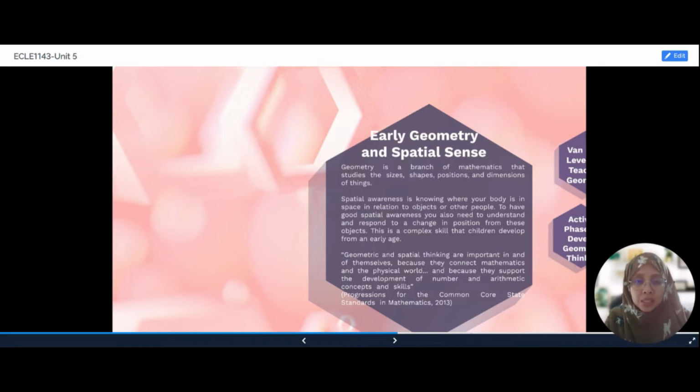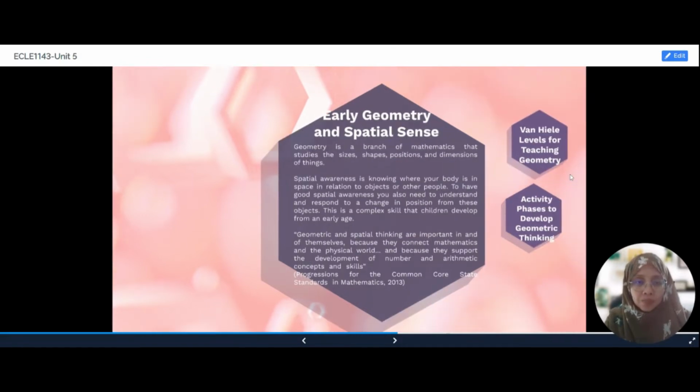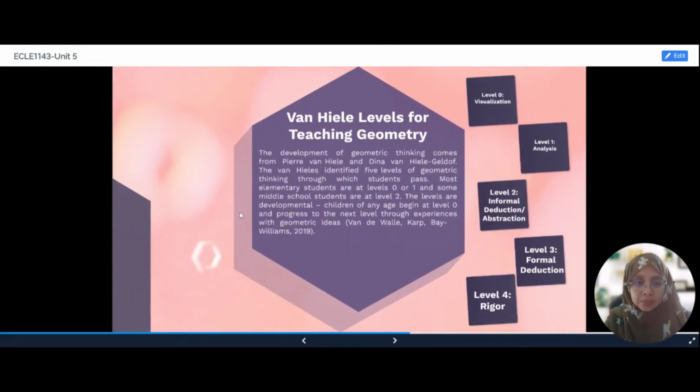So in early geometry and spatial sense, we also have a hierarchical order of learning. We call it the Van Hiele levels for teaching geometry. In the Van Hiele levels for teaching geometry there are 5 phases, and students need to pass each phase one after another.